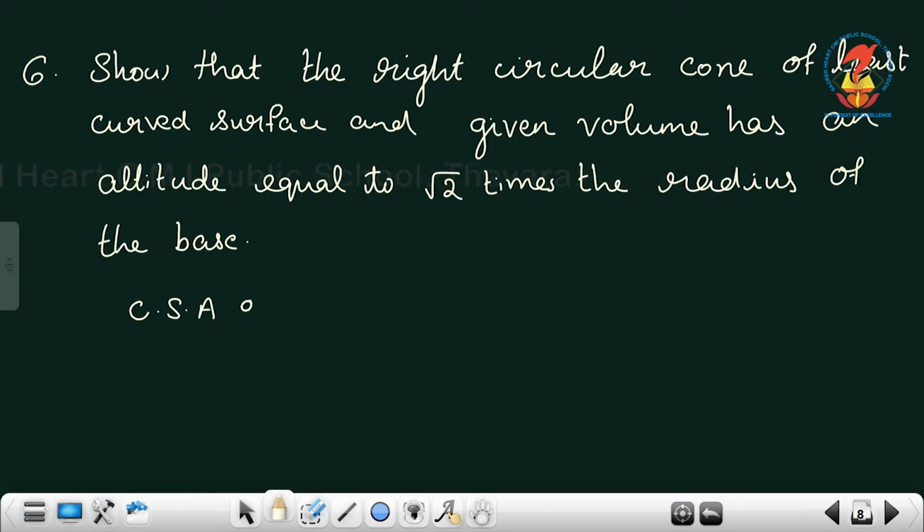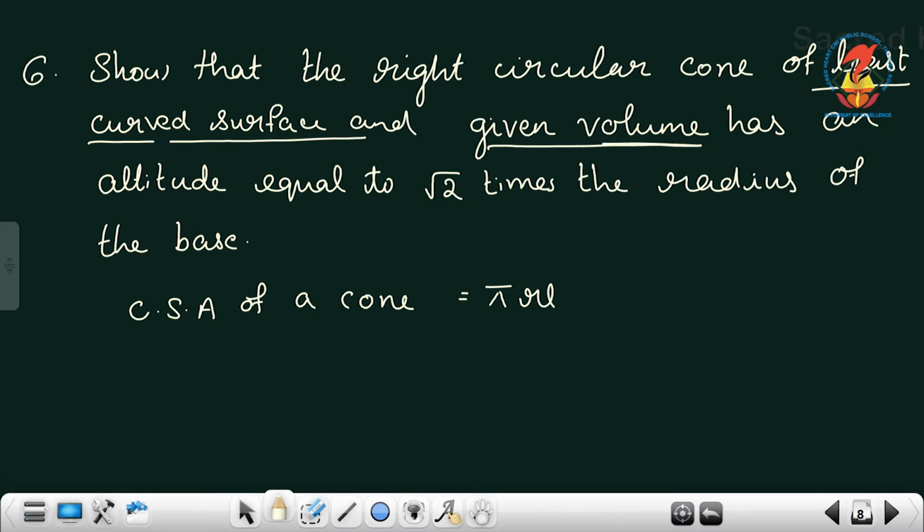CSA of a cone is pi RL. Least means minimum. So we have to prove the curved surface area is minimum. Given what? Given volume. Volume is given.